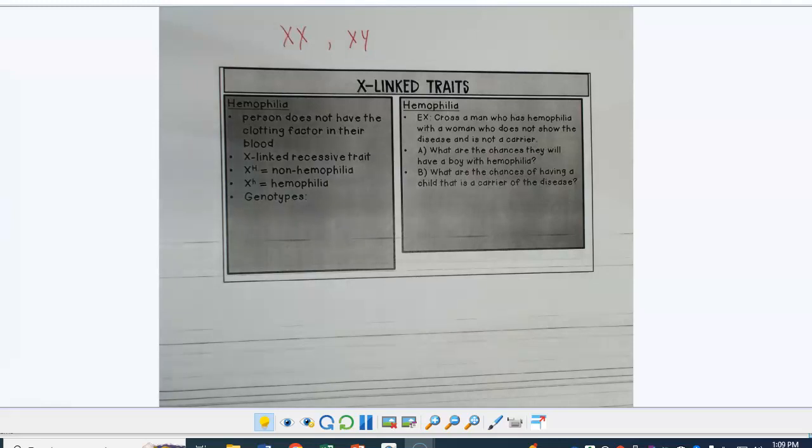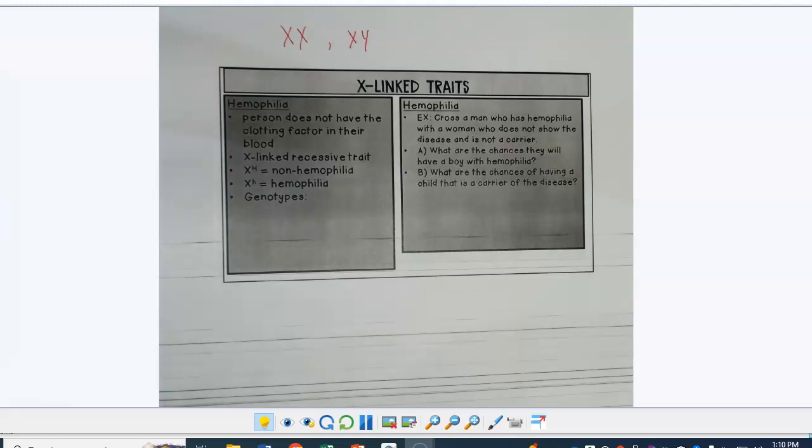Well, if you have hemophilia, you do not have enough of that clotting factor in your blood to scab over. So a lot of times somebody with hemophilia, if they get cut, they're going to have to be rushed to the hospital in order to control the bleeding and make sure that they don't bleed out.